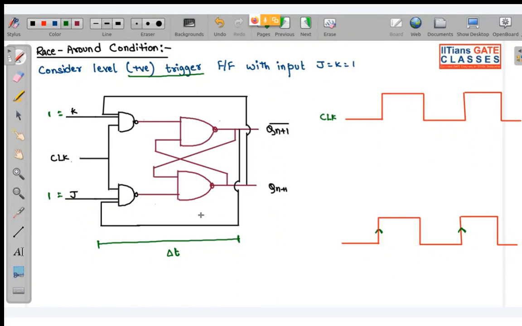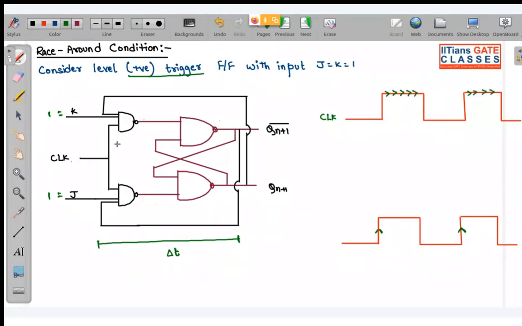Now listen very carefully. We have this JK flip flop as a positive level triggered flip flop with J equal to K equal to 1. So how will that output look? This is positive level, so the output is allowed to change only in these positive levels.